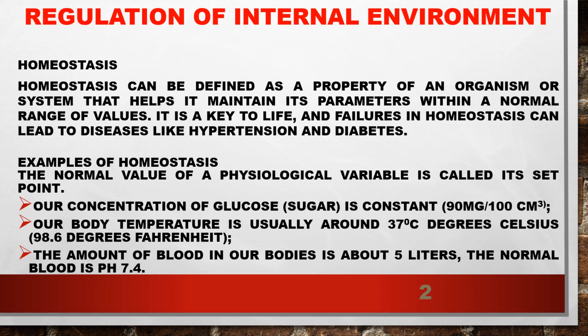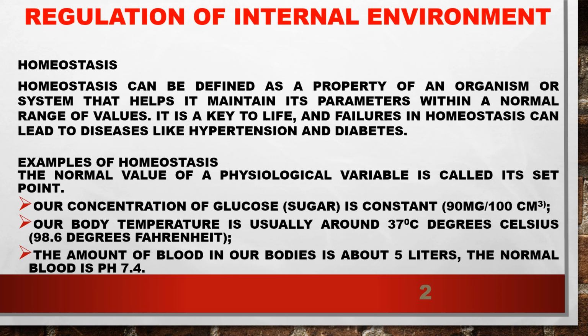If it goes above 90 mg, let's say 95 mg or 100 mg per 100 centimeter cube, a person is said to be having hyperglycemia. That means high level of glucose in the blood. Or if it falls below 90 mg, let's say 80 or 75 mg per 100 centimeter cube, here we will see an individual has hypoglycemia. That means blood glucose level falls below normal.